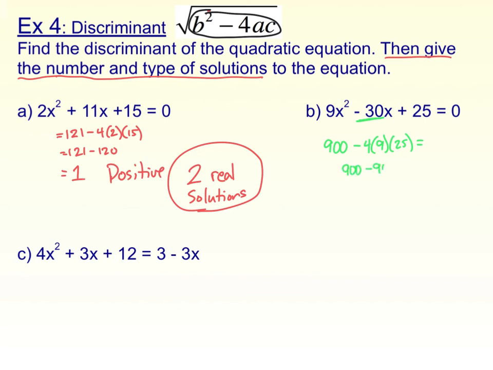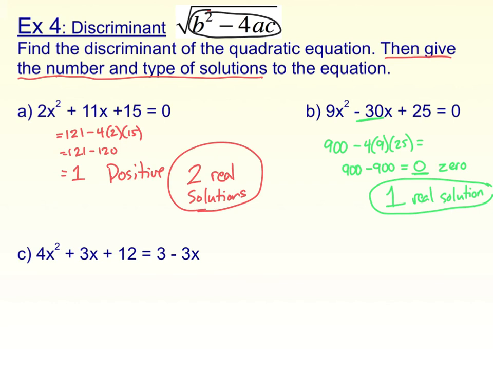So 900 minus 900, which is equal to 0. Again, that's not a solution. That just tells you that it's equal to 0. So that tells you I have 1 real solution for this parabola. That means the vertex is on the x-axis, and there's only 1 real solution, or 1 x-intercept.